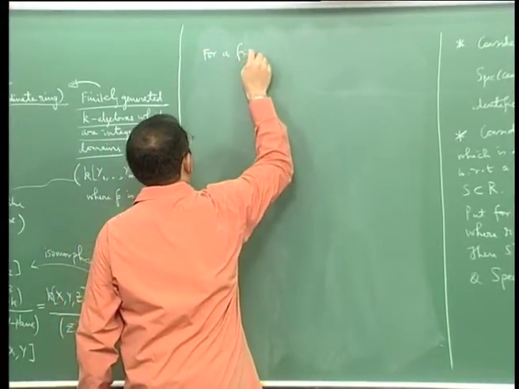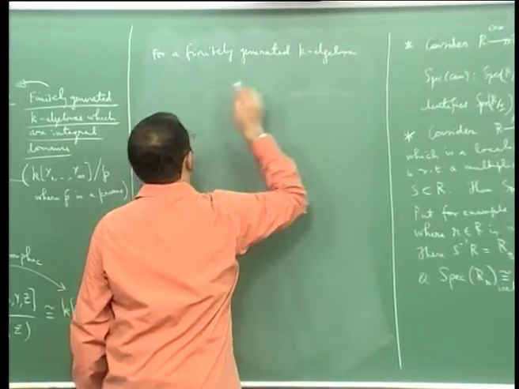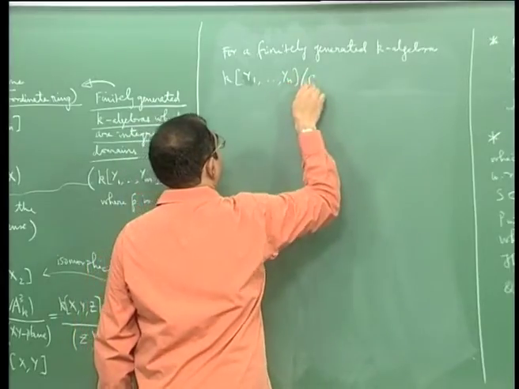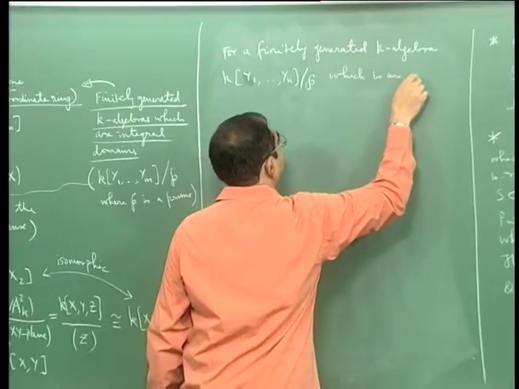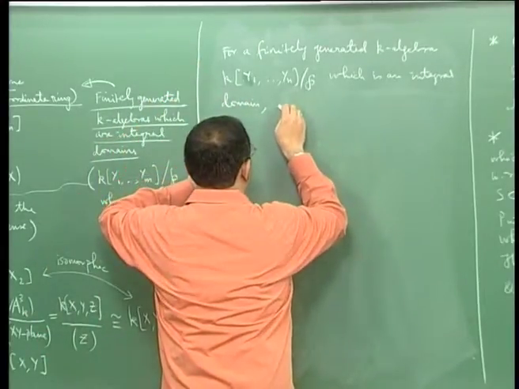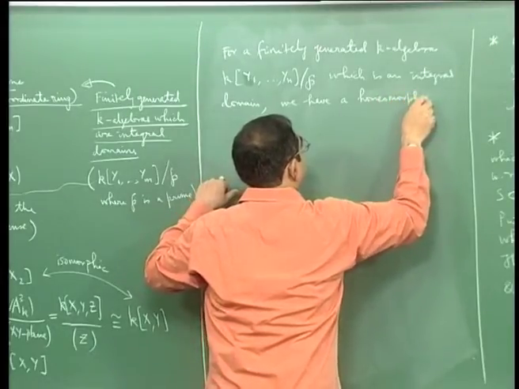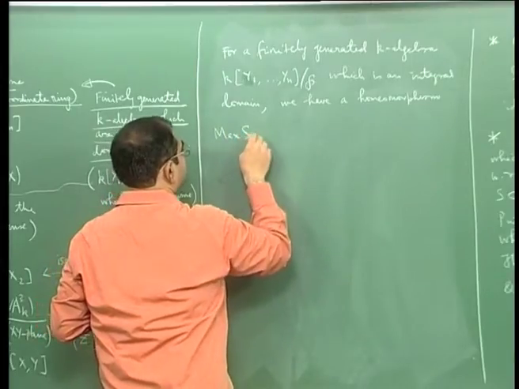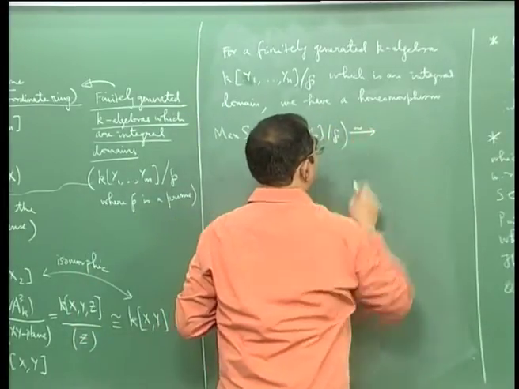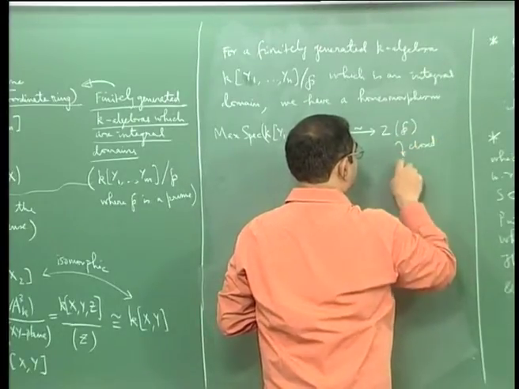For a finitely generated K algebra K[y1, ..., ym] modulo P, where P is a prime ideal, which is an integral domain, we have a homeomorphism from max spec of K[y1, ..., ym] mod P to Z of P, which is considered as a closed subset of AM.